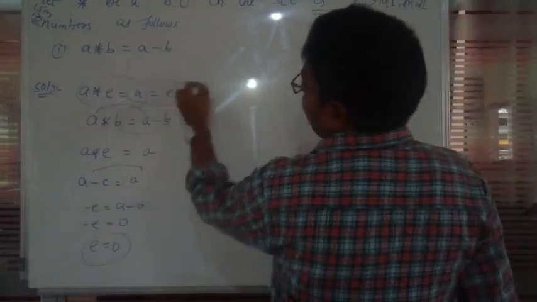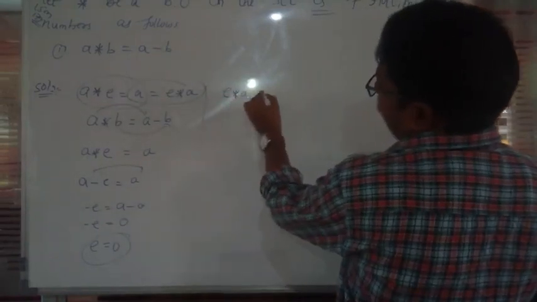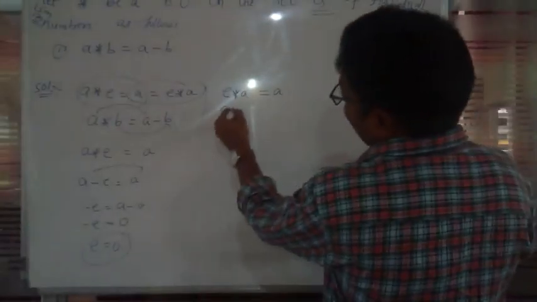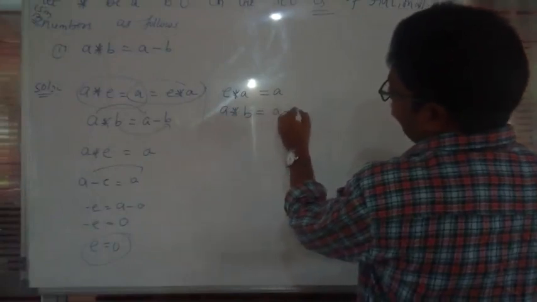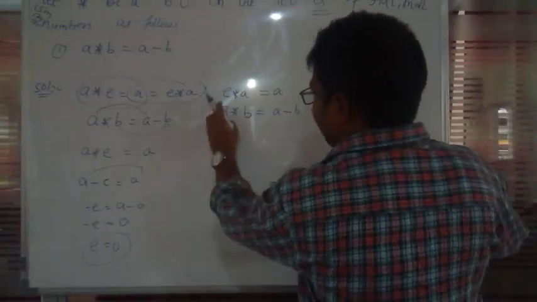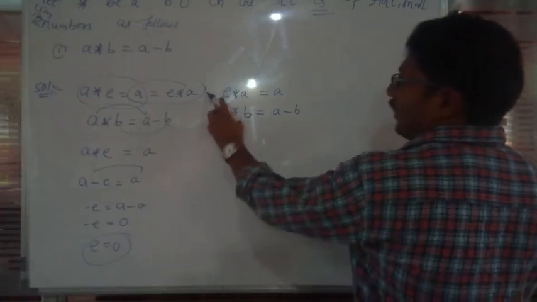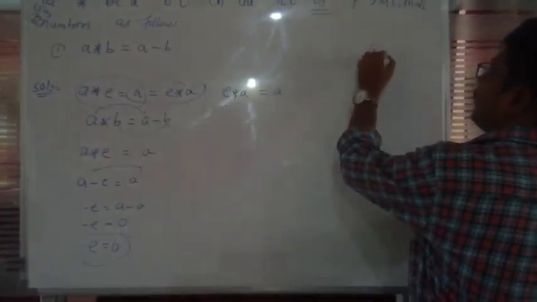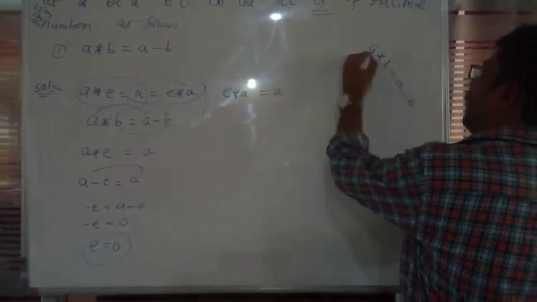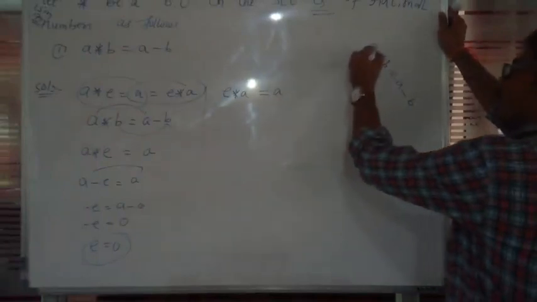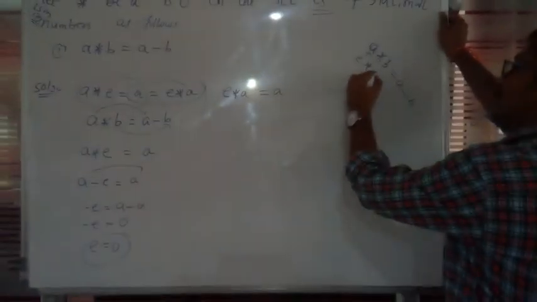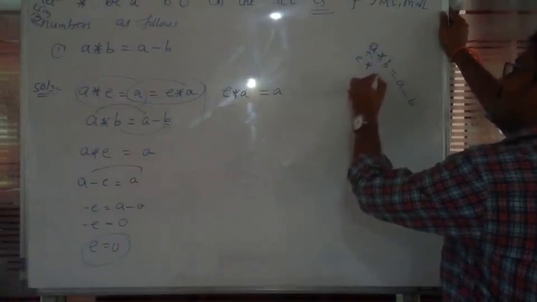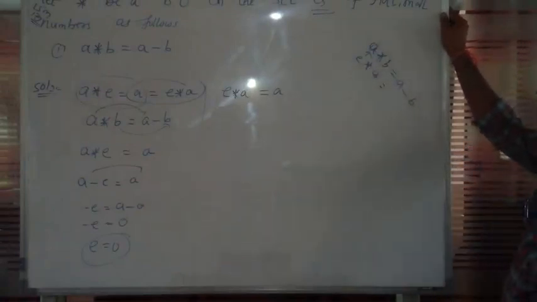So this one, E star A is equal to A. So again we will write once again A star B is equal to A minus B. In the placement of A, we should keep E, and in the placement of B, we should keep A. What did I find?